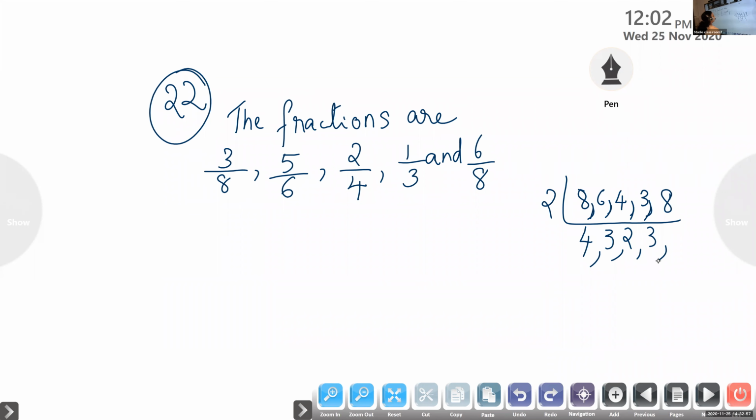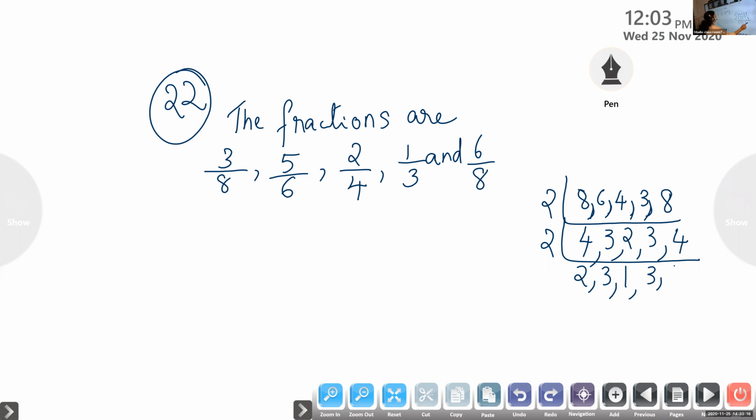Again, 8 divided by 2, 4. Now we will do again 2. 4 divided by 2, 2. Write 3 the same because we cannot divide. 2 divided by 2 is 1. 3 also we will write the same.